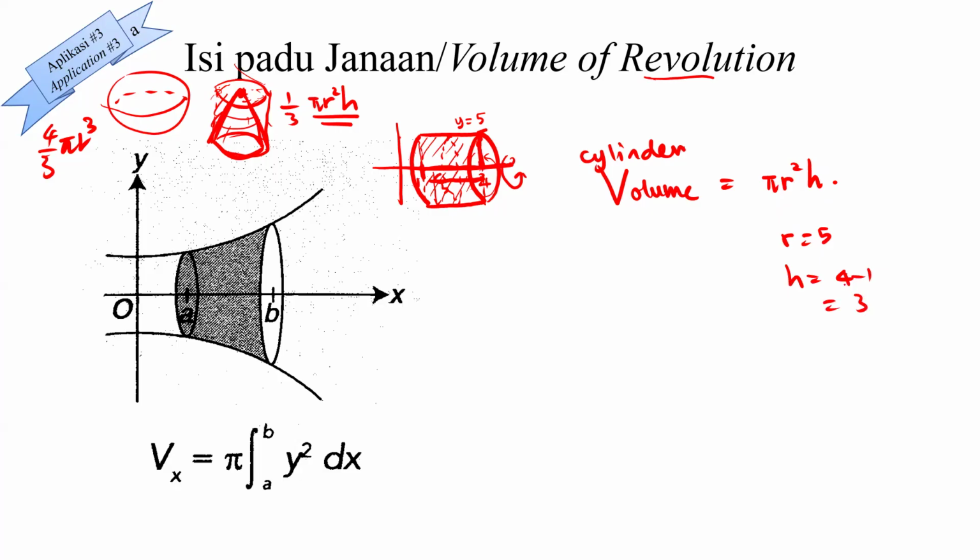Okay, now I want to relate this with the formula here. The volume that we generate, this shape towards the x-axis. Now you know how this sort of bucket. How do we get to this?